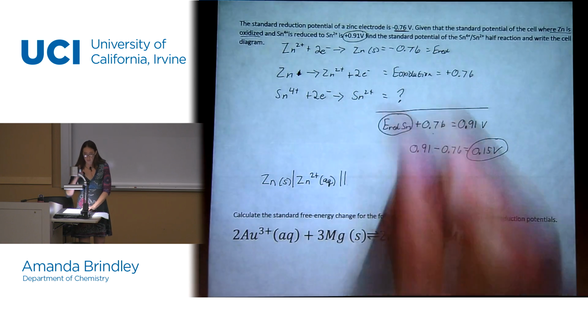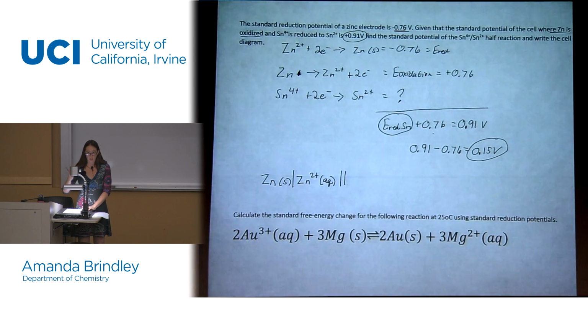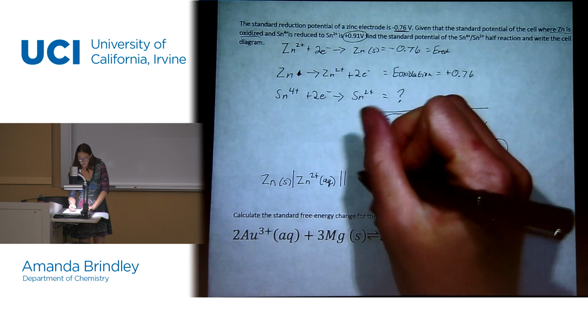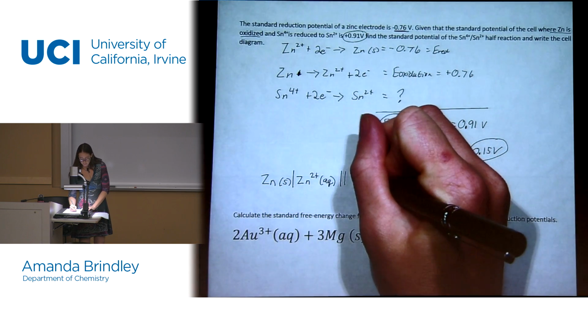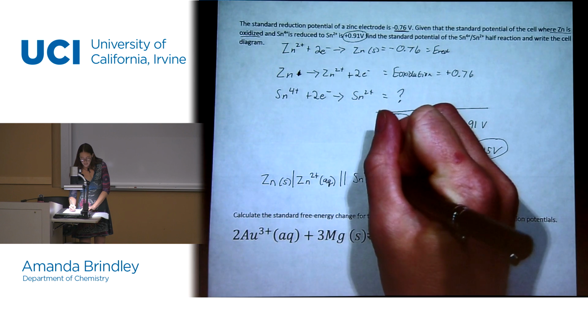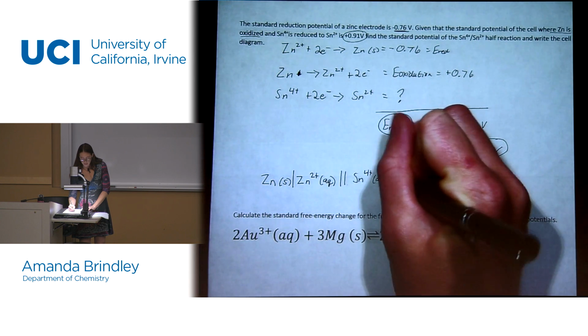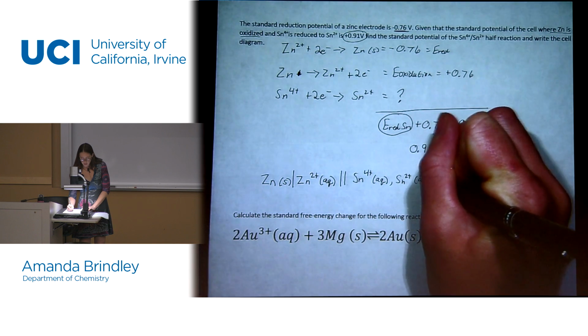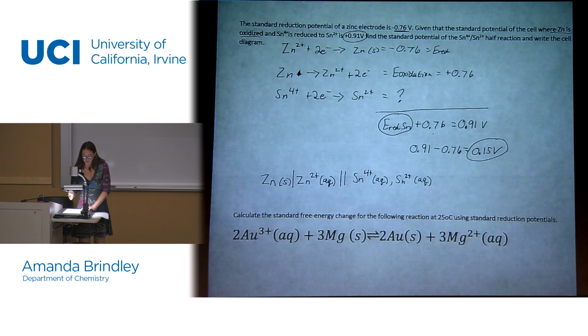And then we hit our salt bridge. And then we keep walking through this imaginary picture of our cell. And now we're in the other beaker, and we're in the other solution. And both of our ions are in that other solution. And so they both go here. No phase change, no line.